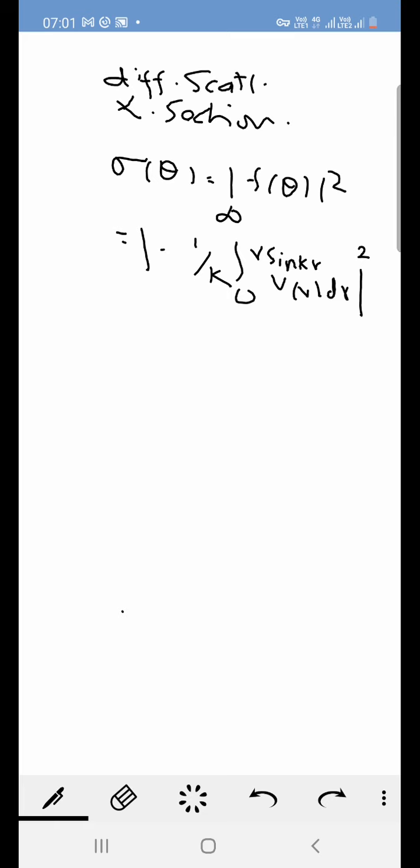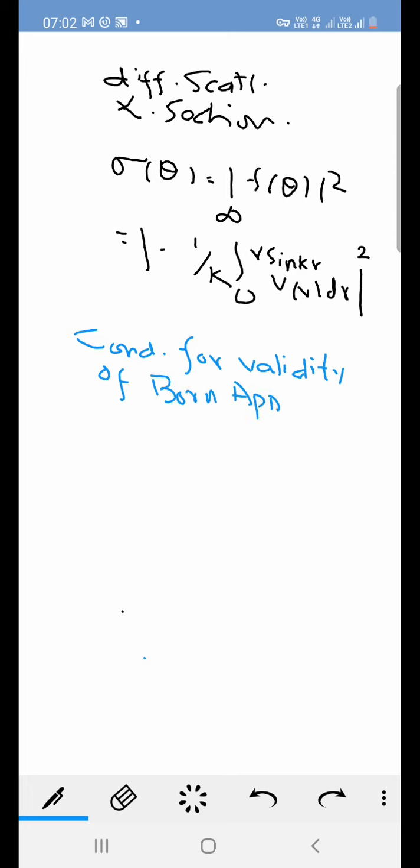Now, this is based upon the Born approximation, and there is a condition for validity of the Born approximation.